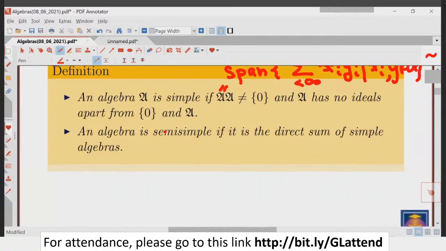An algebra is semi-simple if it is a direct sum of simple algebras.